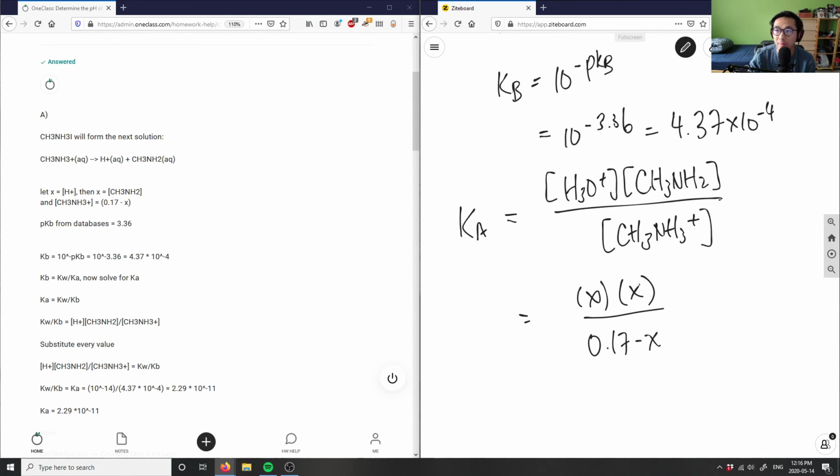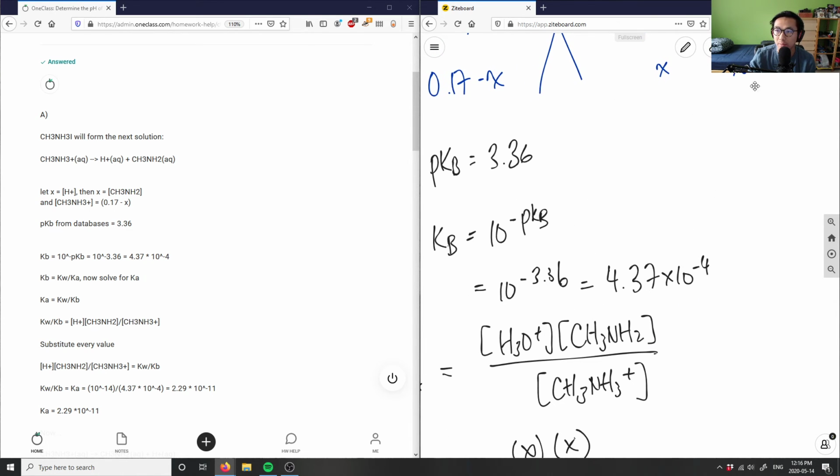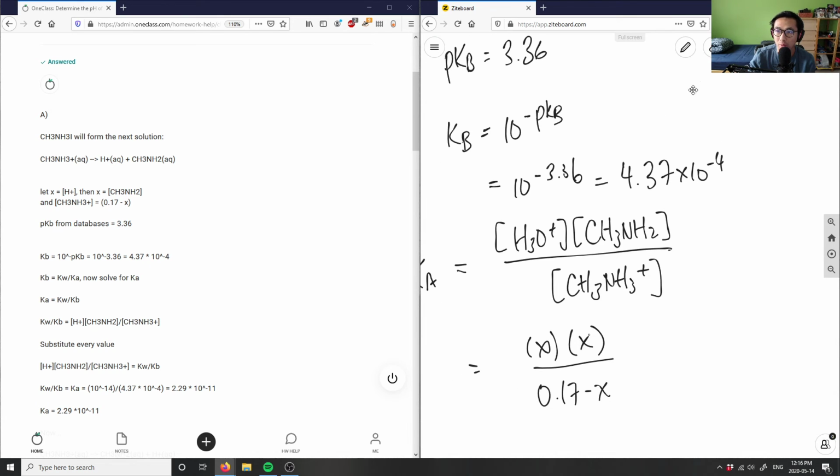So in order for me to find my Ka, I'm going to have to relate it to Kw. So this is some side work before we plug it into this expression. I know that Kw equals Ka times Kb, and Kw here is 1.0 times 10 to the negative 14, which equals Ka times 4.37 times 10 to the negative 4.